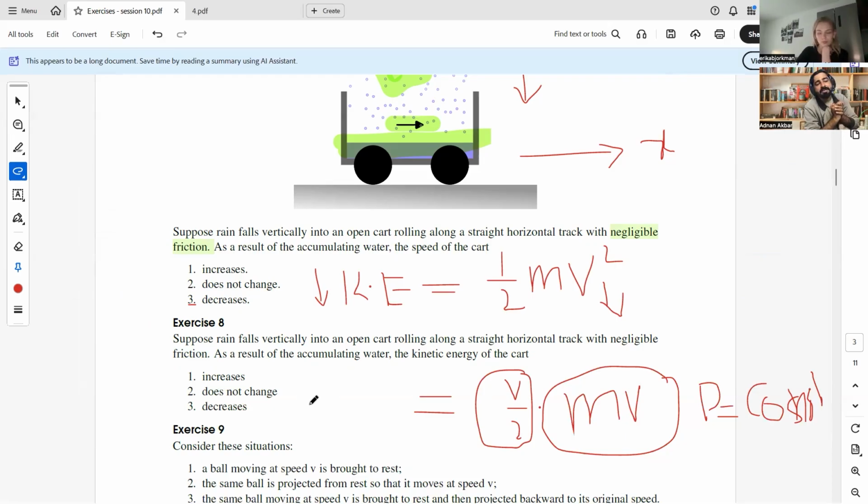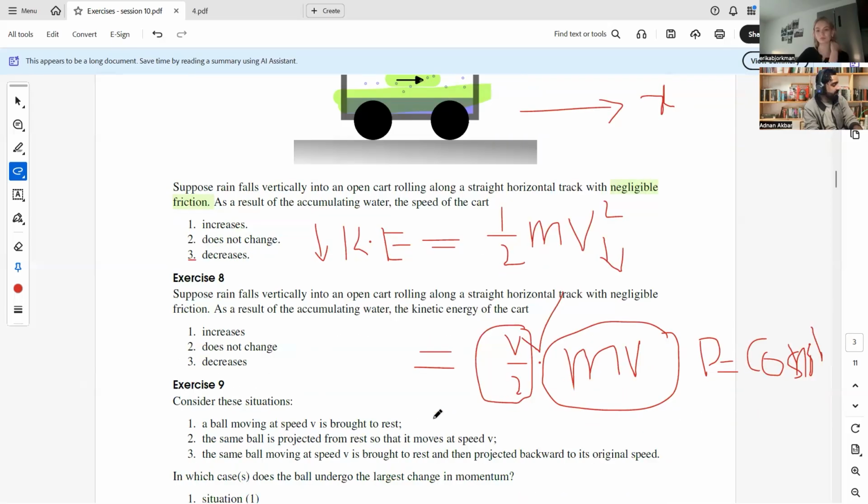There is dissipation of kinetic energy because of the reduced speed, because of the increase in weight due to the rain droplets. Energy loss shows that it is not an elastic collision. In an elastic collision, momentum and kinetic energy should both be conserved. But here, speed is reducing and kinetic energy is reducing. As a result, it is an inelastic collision, just because of this small reduction in speed.